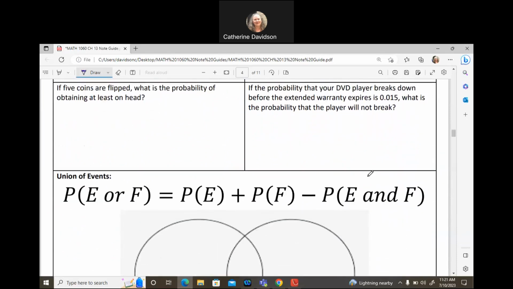If 5 coins are flipped, what is the probability of attaining at least one head? So I'm going to make some notes here. I would not write these down. So at least one head means the probability of one head plus the probability of 2, 3 heads, and so forth. Now within that, the probability of one head, there's many different configurations.